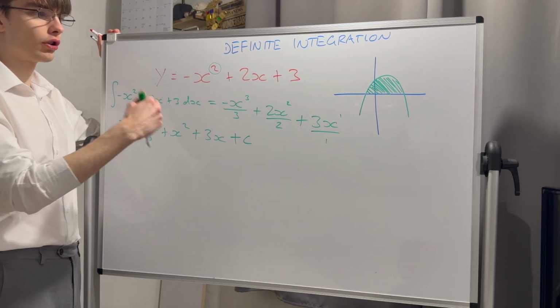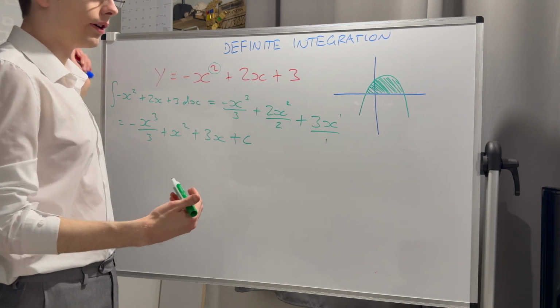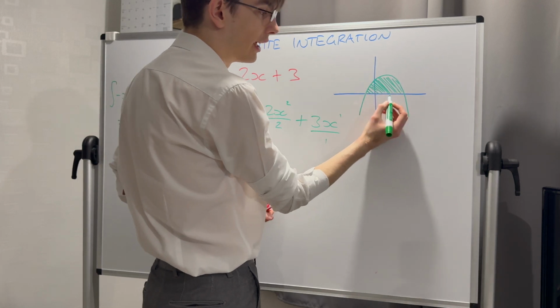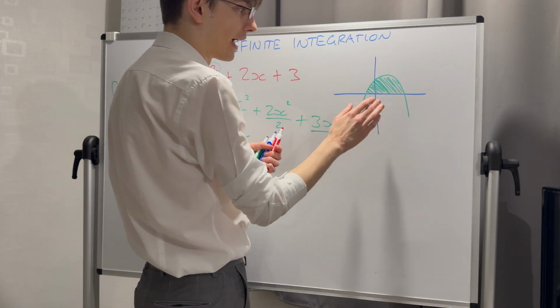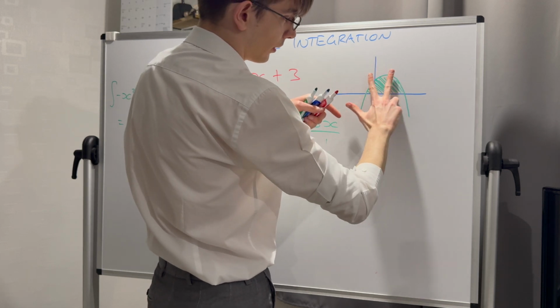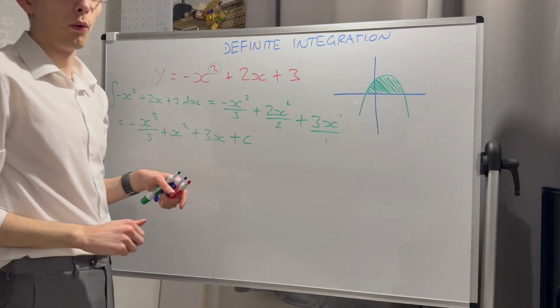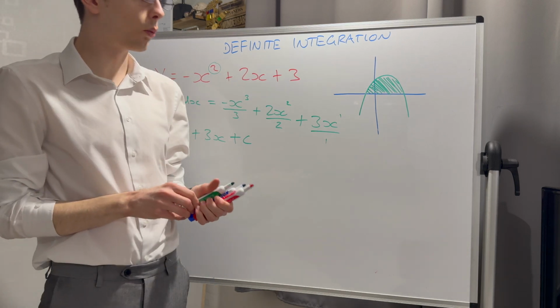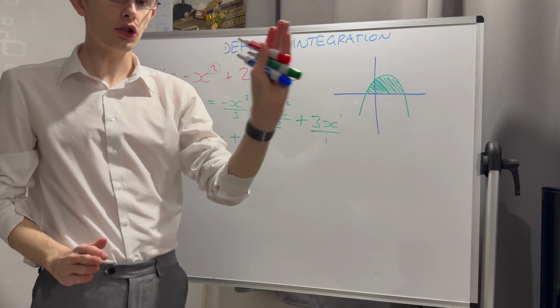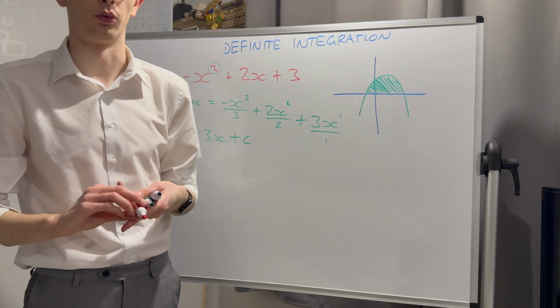Now, I've got my general equation for the area, but how do I know that it's calculating this area here? Why wouldn't it be calculating, say, that area that I'm not covering up, or that area between my fingers? Well, the way that we do this is we give it bounds. We tell it between which x-coordinate and which x-coordinate.